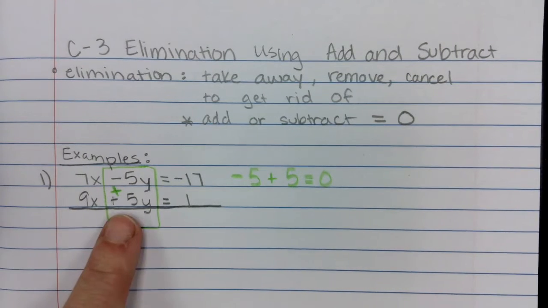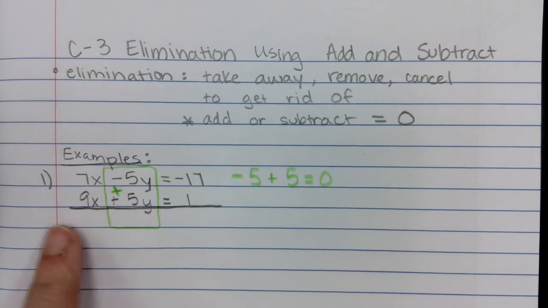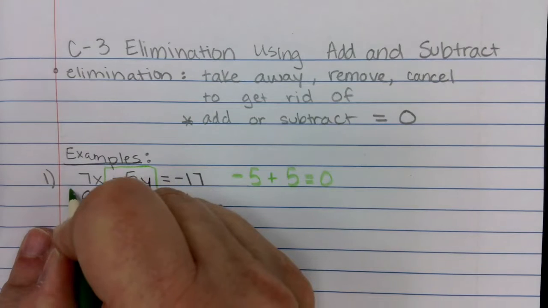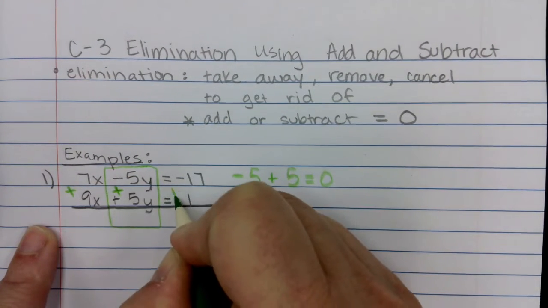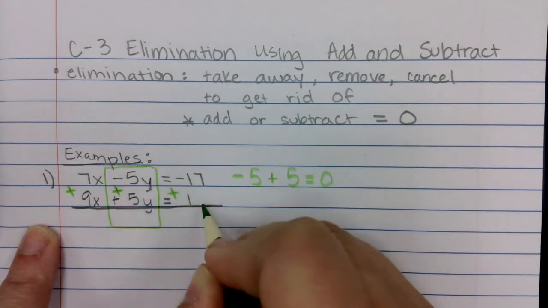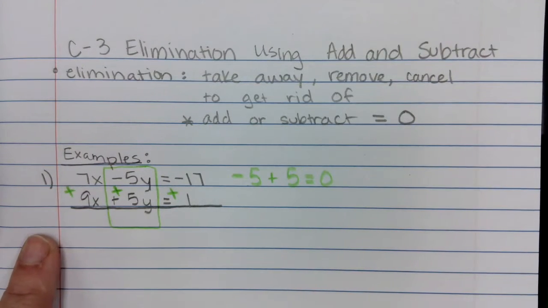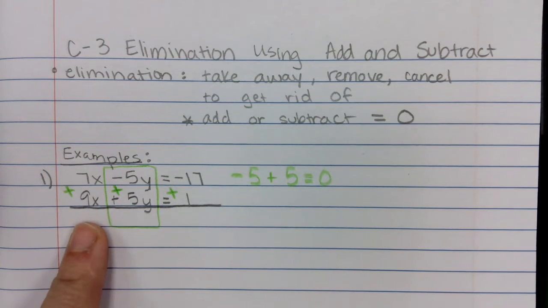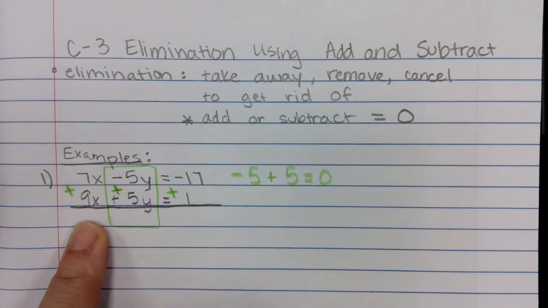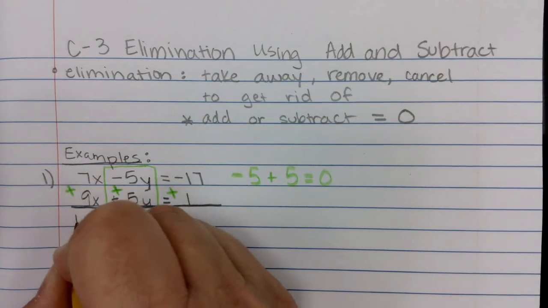And I have to add on the other side too. So we're going to add all the way across, but vertical. So I'm going to start with my x's. What is 7 plus 9? 16? Is that what it was? Yep. 16x. Okay, plus. Now negative 5 plus 5.